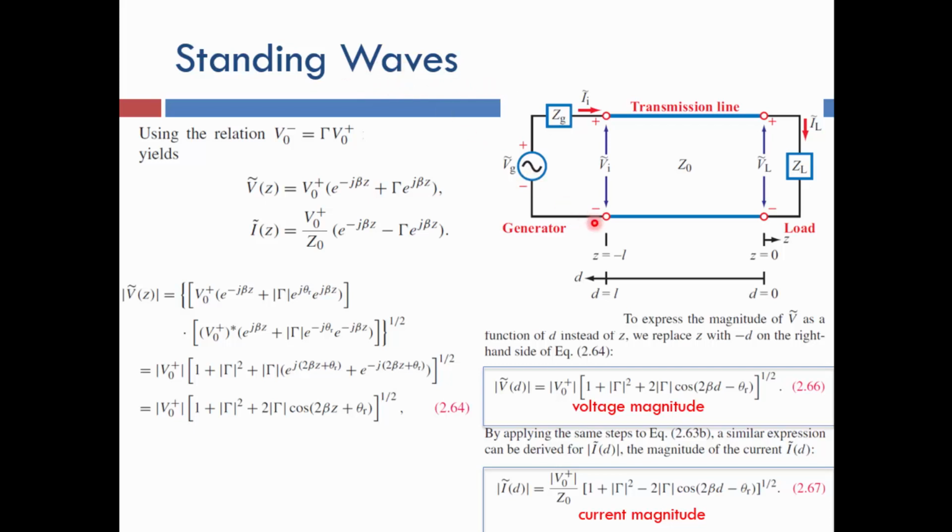If you remember, we said that the voltage across the transmission line at any position z is represented by the superimposition of the traveled and the reflected components, and the same for the current.